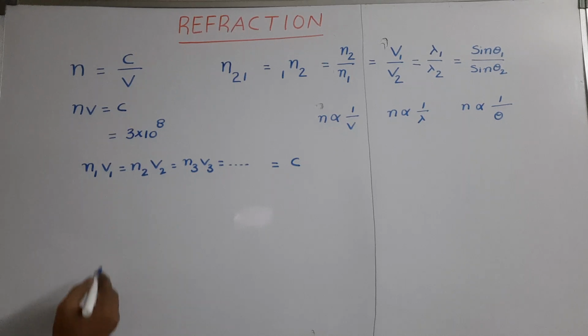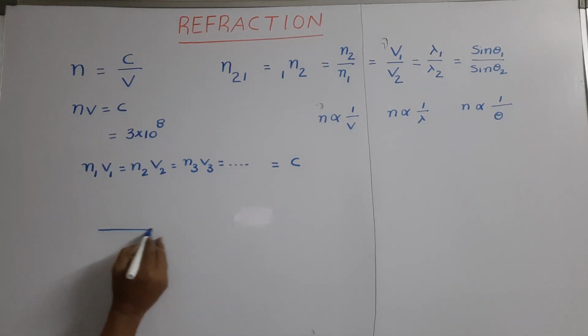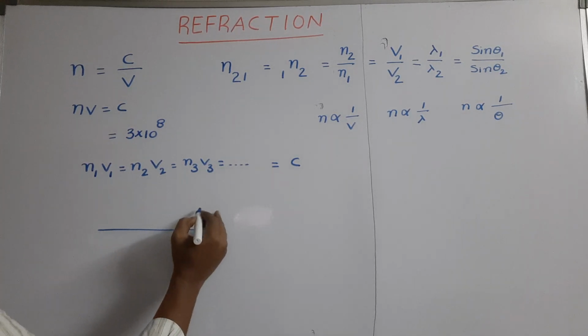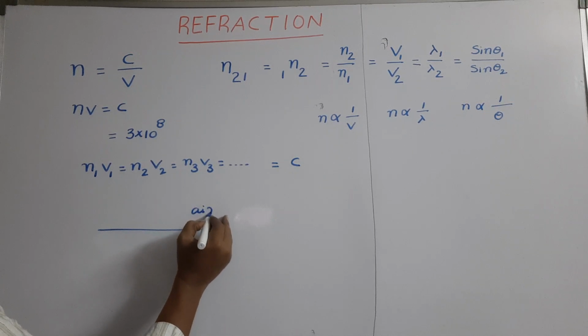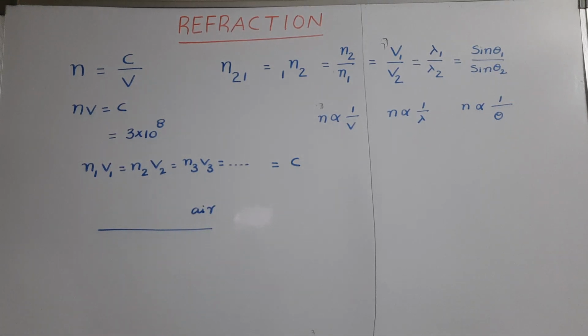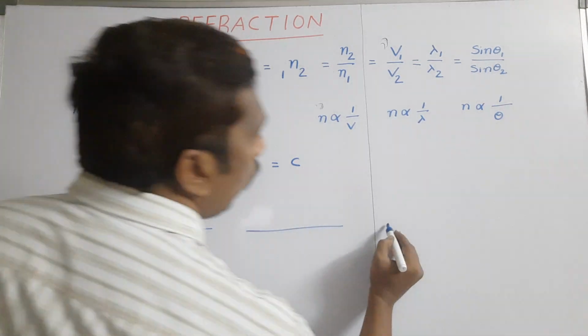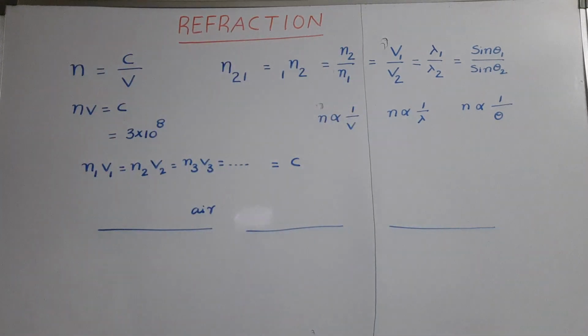So that means, for example, a light ray travels from one medium to another medium. For example, here the first medium is taken as air. From air it is traveling to another medium. So in three different cases, in three different materials, they are entering. One light ray is incident on the surface.